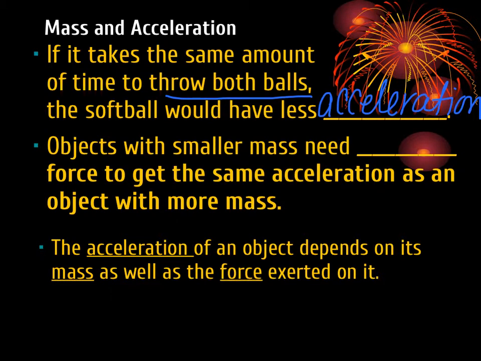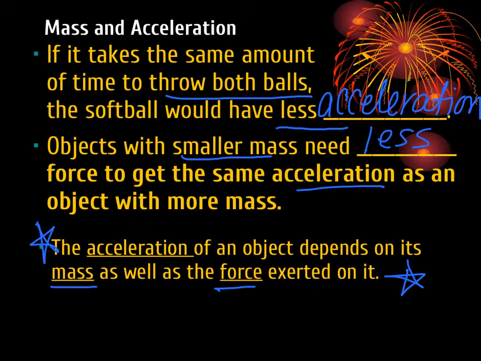Therefore, the force I put on it will cause it to have a slower acceleration than the object with the smaller mass, which is then the baseball. The smaller massed objects need less force to get them to accelerate at the same acceleration as the object with more mass. So again, everything is all connected. The acceleration of the object depends on both mass and force exerted on it.